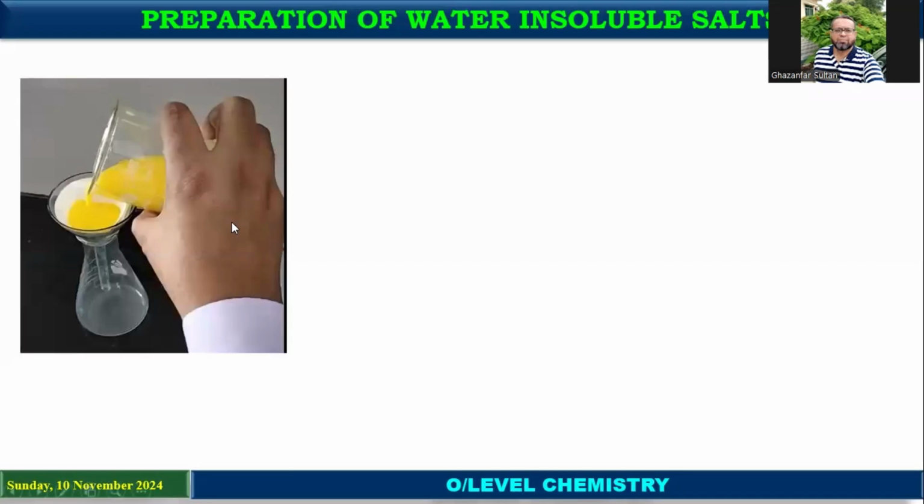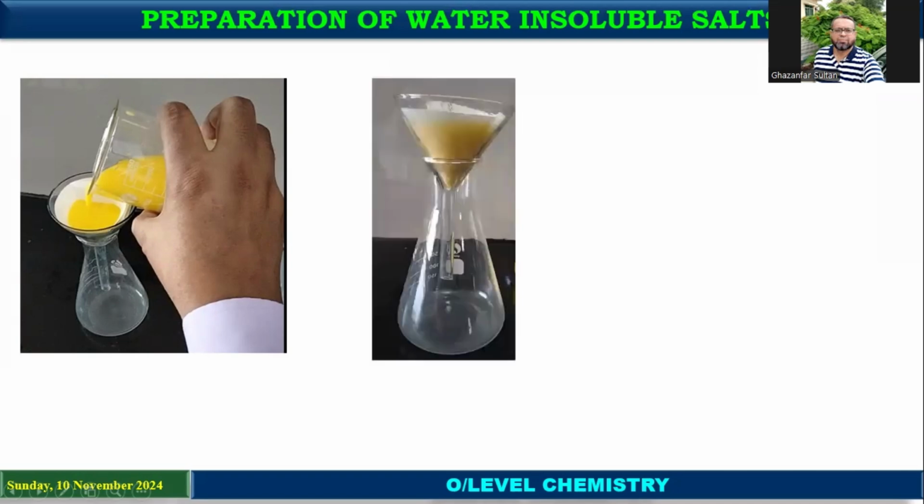Now see, we have poured it into the filter paper. On the filter paper, the insoluble material remains, while whatever is coming down is called the filtrate. In chemical language, the filtrate is what comes out of the filter paper. So it contains potassium nitrate and water.